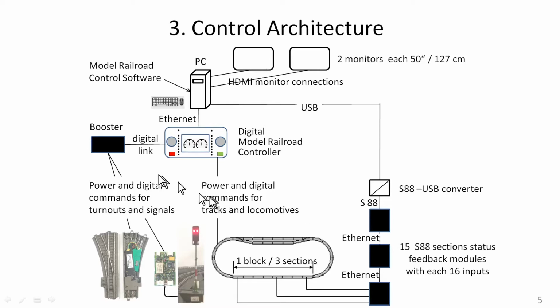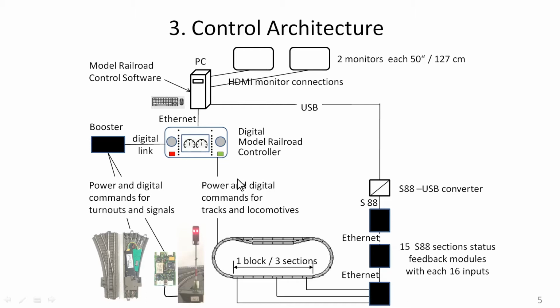So I use the booster to provide power and transmit digital commands to the drives and controllers, decoders in the turnouts, and to the signals with the associated decoders. By doing so, I have a very reliable power supply.